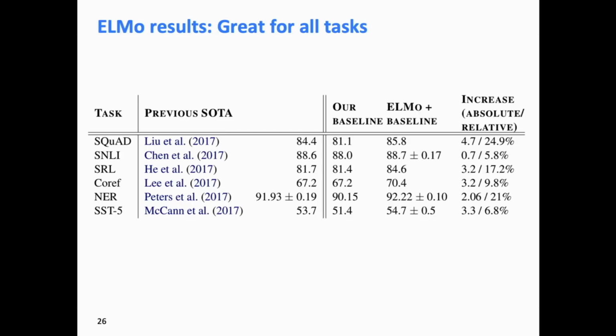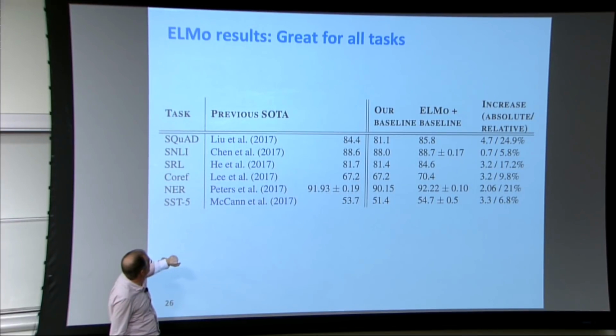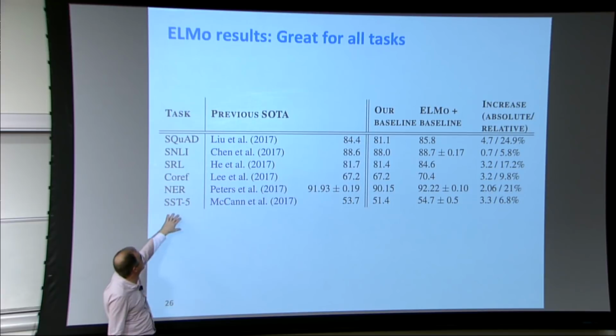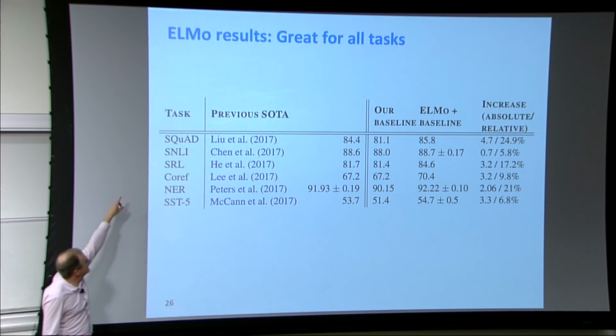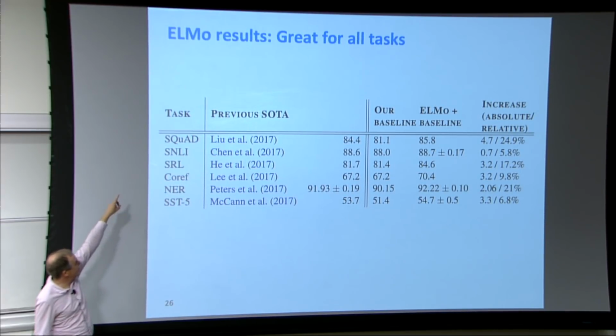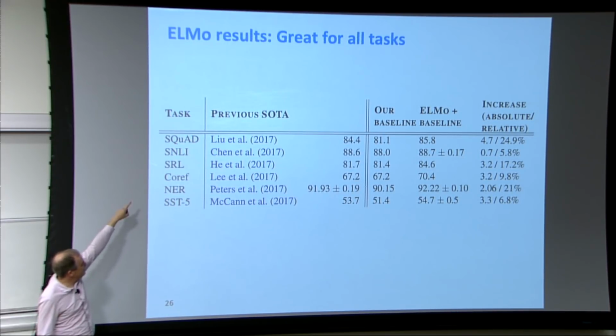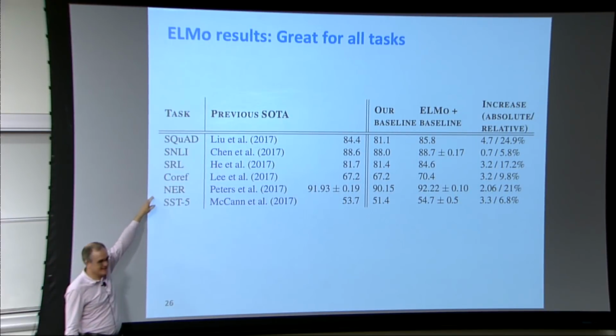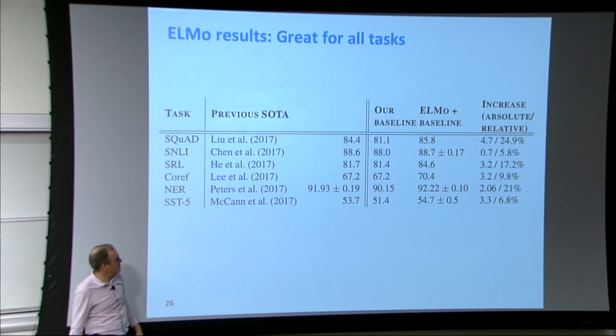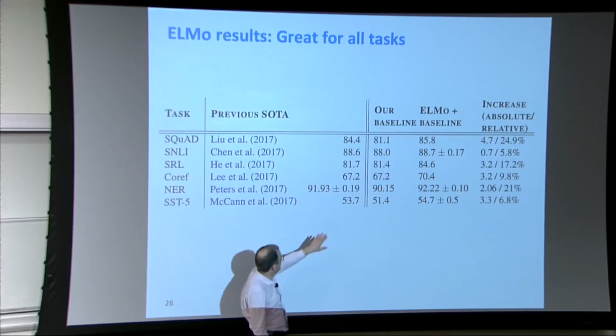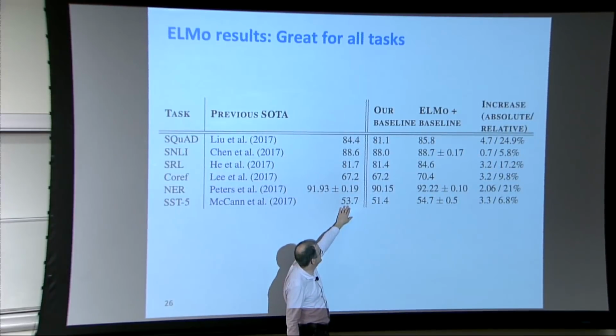And so essentially why people got excited was because of the data that's in this table. So here we're taking a whole bunch of very different tasks. So there's SQuAD question answering, there's natural language inference, there's semantic role labeling, there's coreference, named entity recognition, sentiment analysis, so a wide range of different NLP tasks, and they have a previous state-of-the-art system.